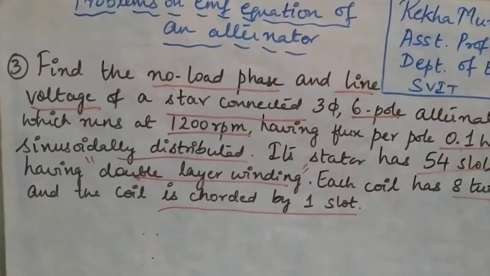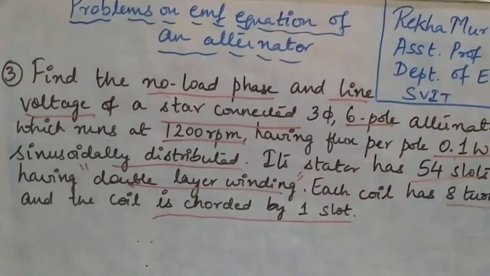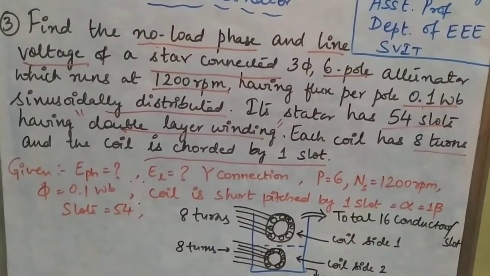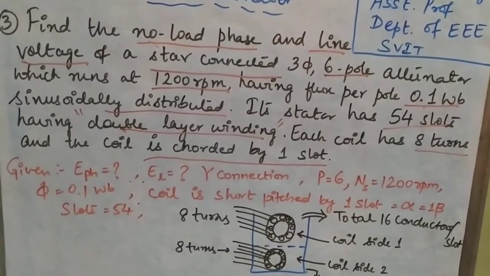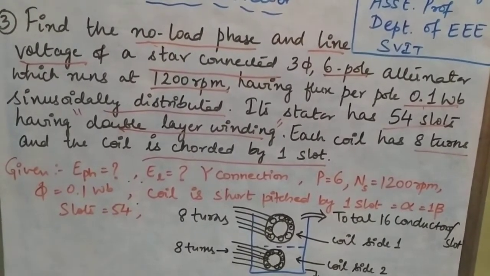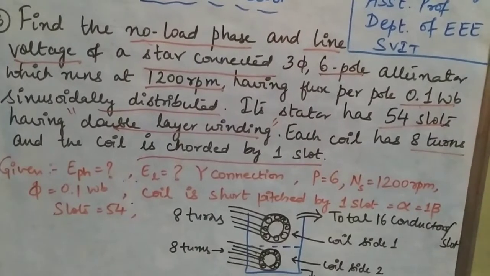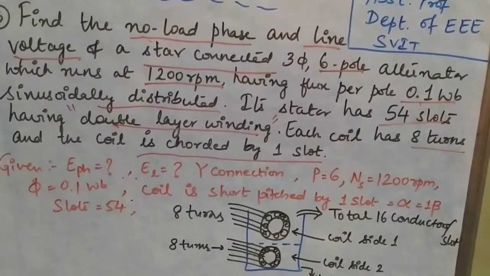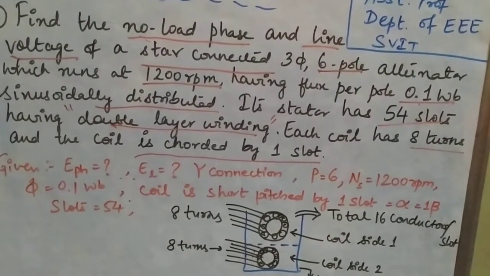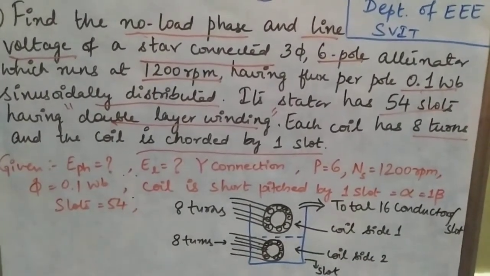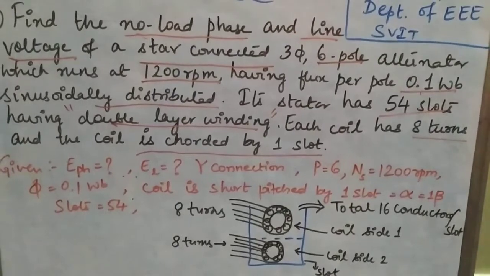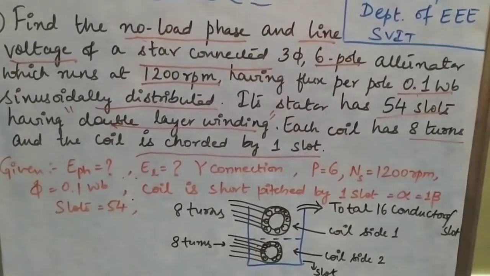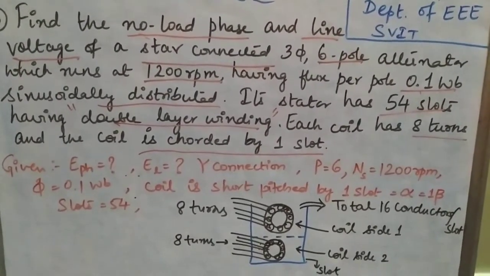So let us write down the given data. E phase we have to find out, and also the line voltage with the star connection. We have also noted down the number of poles, synchronous speed, and the flux. If the coil is short chorded, it indicates the coil is short pitched, by how many slots? One slot.